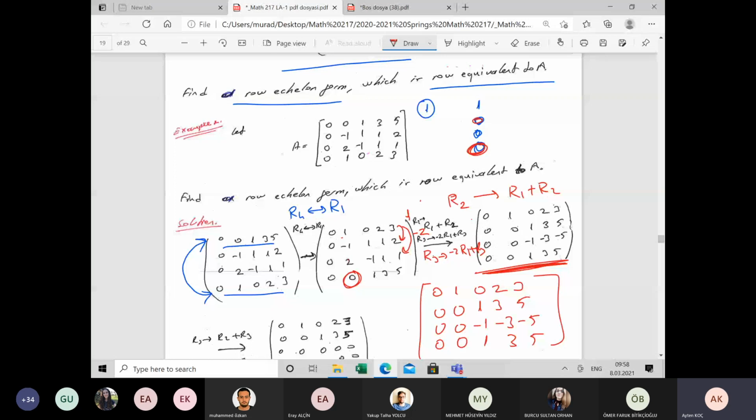And then, yes, we get 1, 0, 0. And the next step is to catch the leading one of the second row.